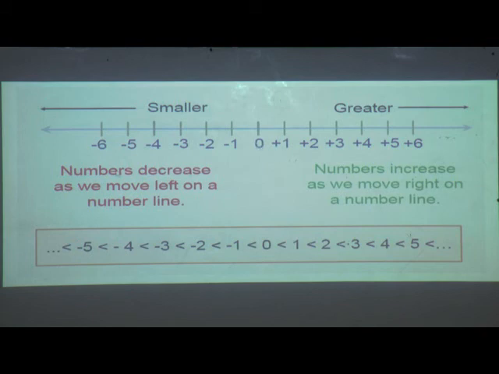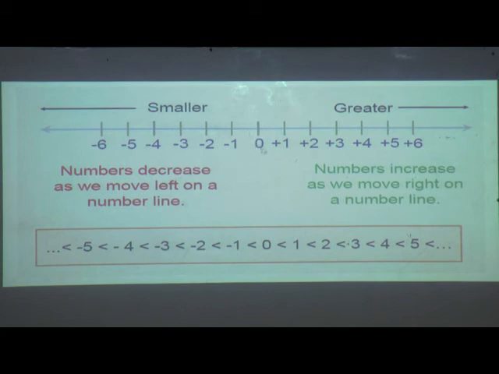And to the left of the 0, we have negative numbers, and when the numbers are moved from 0 towards the left side, the number decreases. Remember students, this is very important.